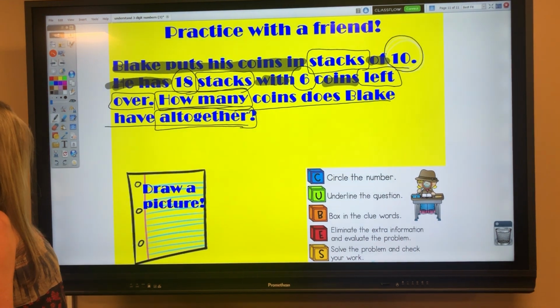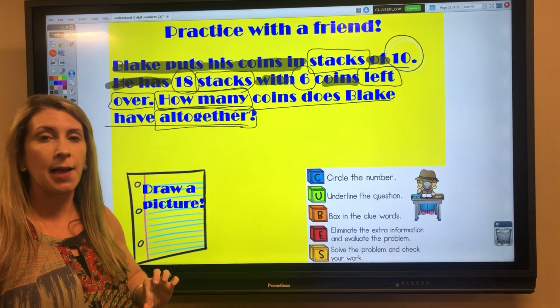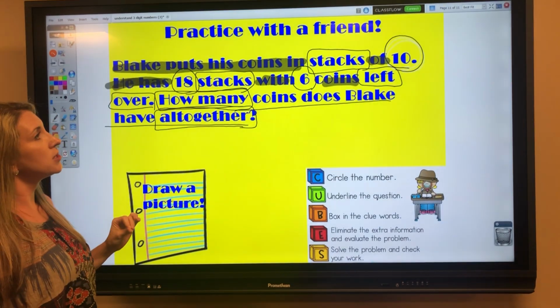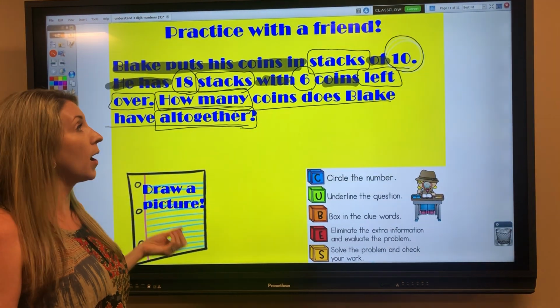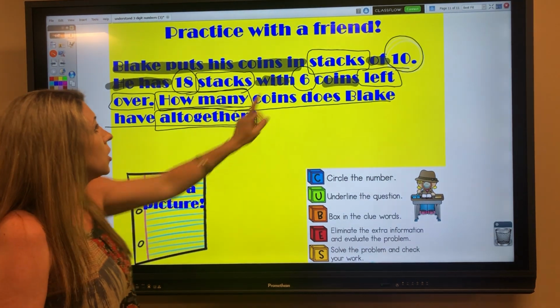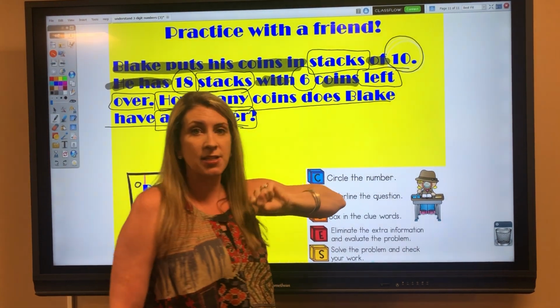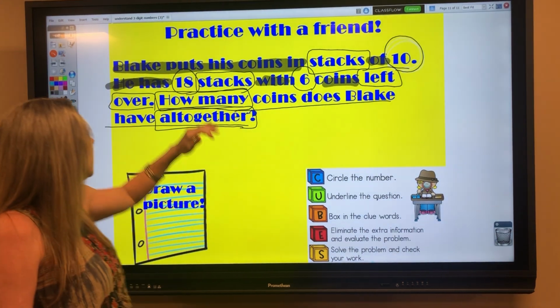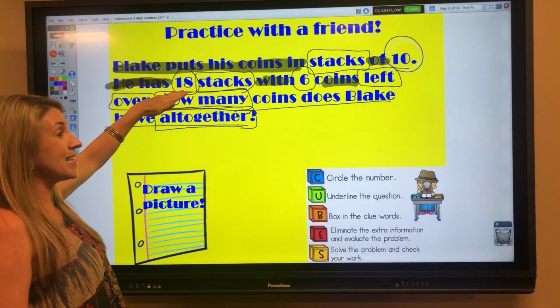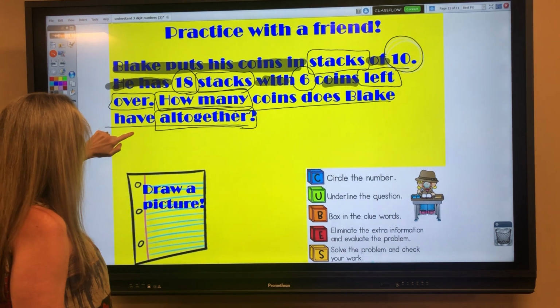Let's draw a picture just like the last time, and we're going to use the same idea of the 10 rods and the 1 bits to solve it. So we know that he has stacks of 10, so we're going to draw the little tally to show 10. And we need 18 stacks. So we're going to draw 18 tens.